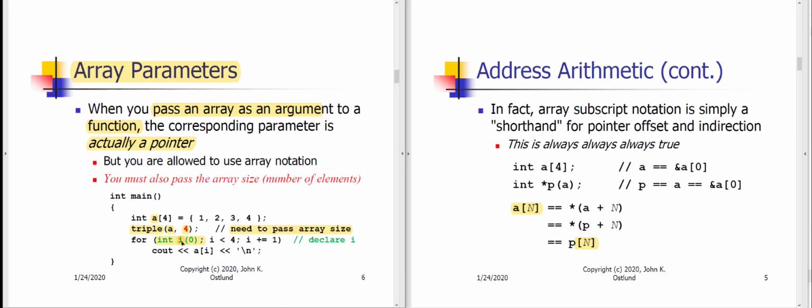This also has the benefit of making the so-called scope, that is the region of code in which this variable I is visible, limited to the for loop itself. So it won't conflict with any other variable called I that might exist in this same function either before or after this for loop.